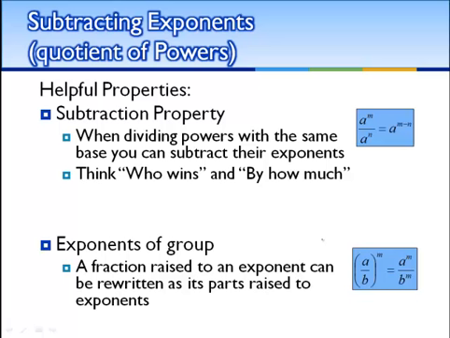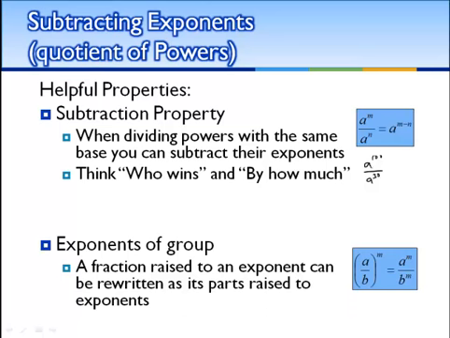Anyway, the helpful property associated with this is that when you've got powers that have the same base on top and bottom, like the 6 to the 5th and 6 to the 4th example we had, one shortcut is that you can subtract their exponents. This would be helpful if you had some ridiculous expression like a to the 100th divided by a to the 30th.